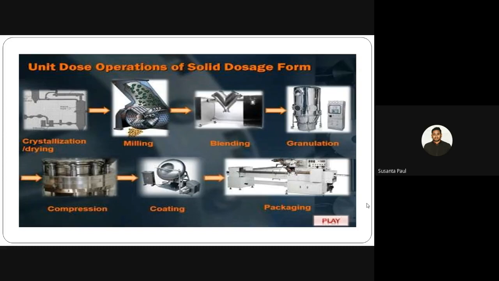So we need to cross check the weight of the components, and measure their accurate weight first. Then the second step is mixing the powder ingredients and the excipients.